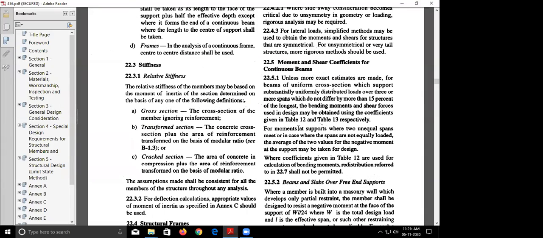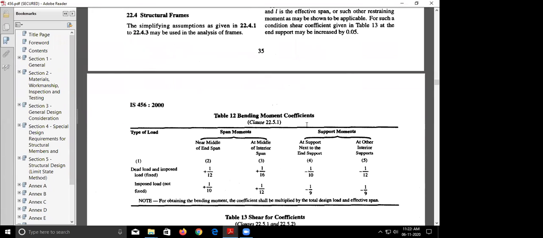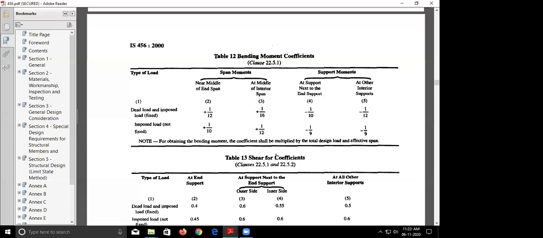Here you can see in the first paragraph: unless more exact estimates are made, for beams of uniform cross section which support substantially uniformly distributed loads over 3 or more spans which do not differ by more than 15 percent of the longest. I have mentioned the same thing in the notes. So the bending moments and the shear force can be used from these tables, the bending moment coefficient and the shear force coefficient.